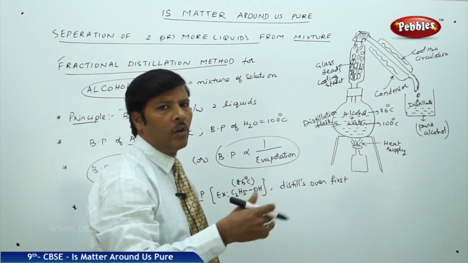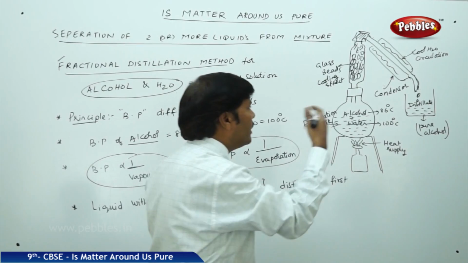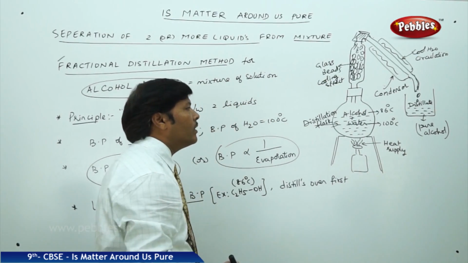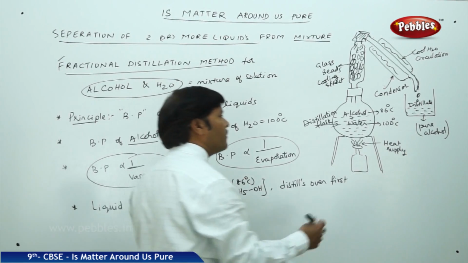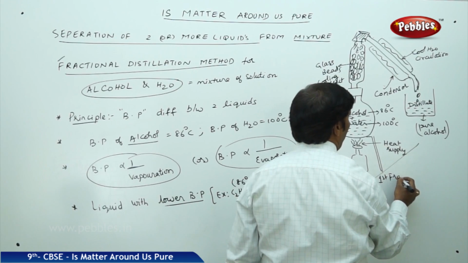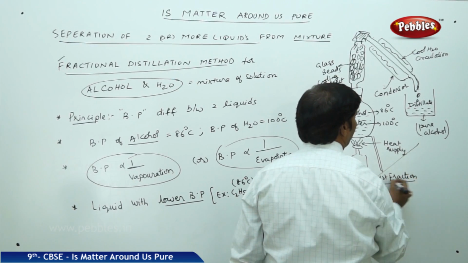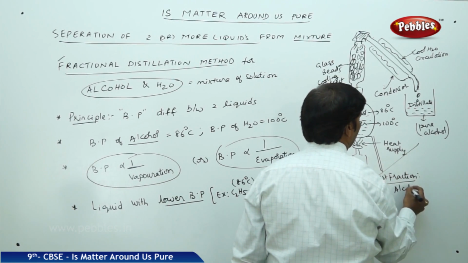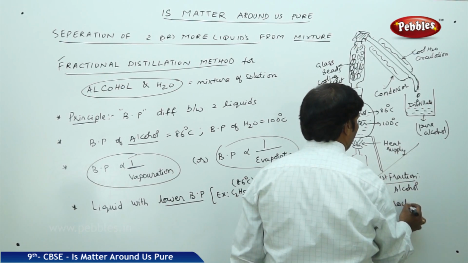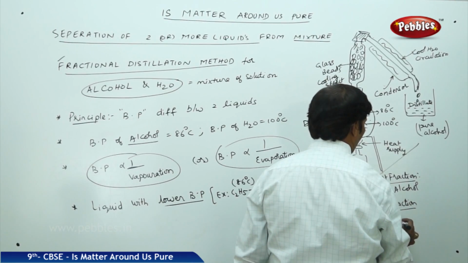Then followed by the water. Again you separate the water and heat it to a temperature of 100 degrees centigrade. Finally water also gets cooled, and you get the second distillate. So from this experiment, the first fraction is alcohol, and the second fraction is water.